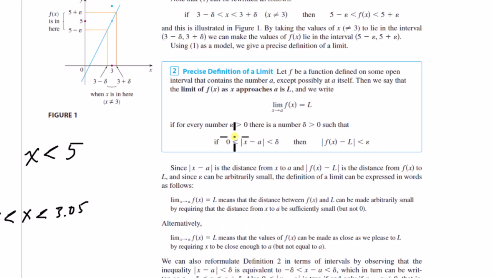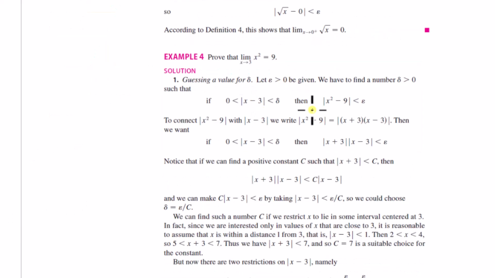So for the general two-sided limit, here's the precise definition of the limit. We're going to come to these inequalities here and plug in the a value, the f of x, and the L. So a is 3, f of x is x squared, L is 9. So there are the inequalities. And delta is any number greater than 0, and epsilon is any number greater than 0. So we need to prove that these two inequalities are satisfied simultaneously.